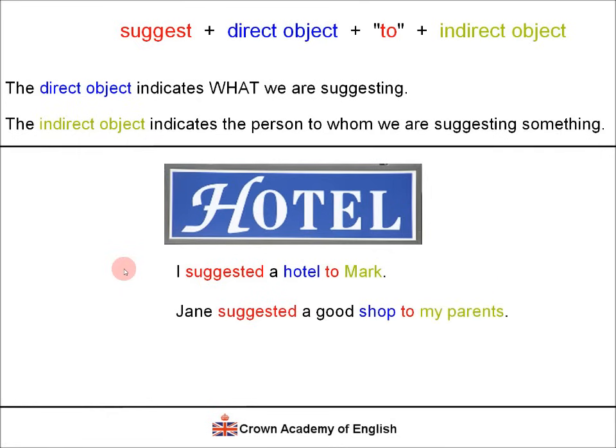Jane suggested a good shop to my parents. So shop is the direct object, and my parents is the indirect object. It is the person or the people to whom we are suggesting the shop, and we use the preposition to before it.